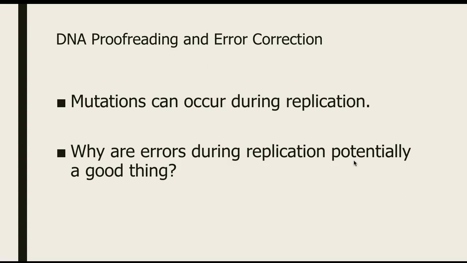The spontaneous kind of mutations that I talked to you about in a previous chapter can happen just because DNA polymerase is putting the wrong nucleotide in a place where it doesn't belong. That's how that mutation happens. It can also happen because of chemicals and radiation, which we've already talked about as well. But here we're focusing just on the job of DNA polymerase.